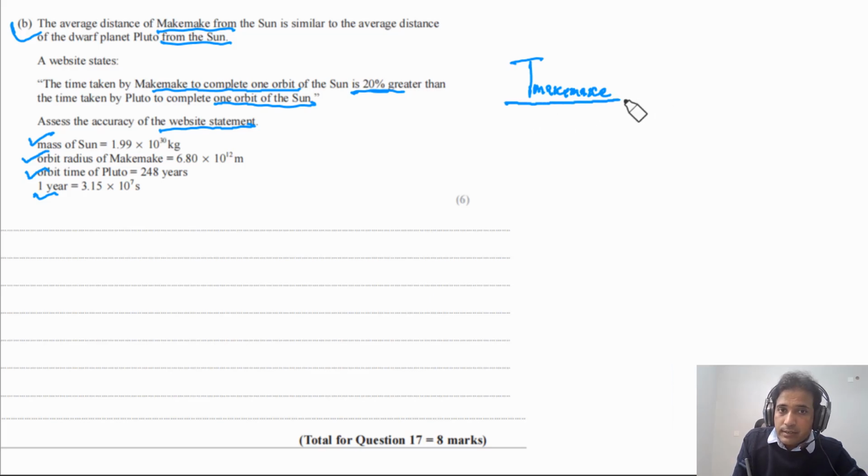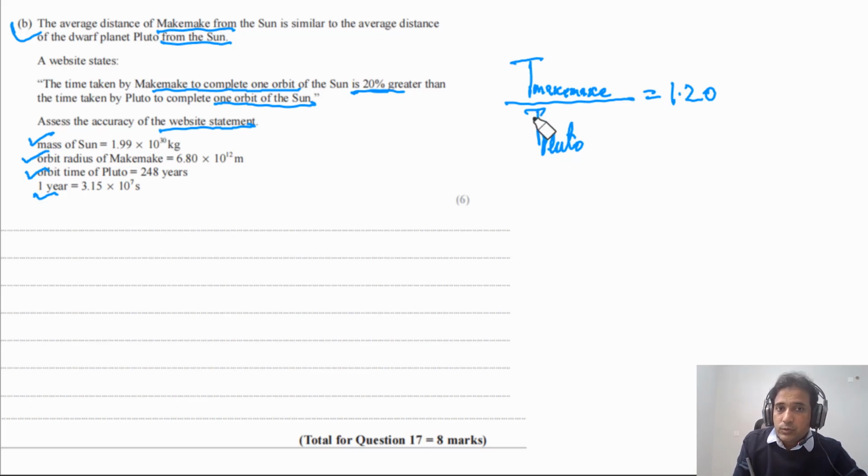So if we divide the time taken by Makemake by the time period of Pluto, meaning the time taken to complete one cycle, this ratio should be equal to 1.20, meaning 20% more. If the time period is the same, it will be 1. As the time period is 20% greater, your answer should be 1.20.